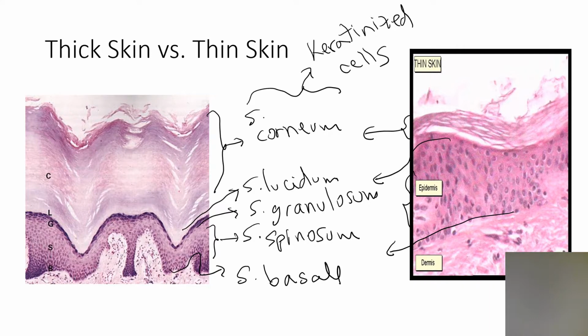The most superficial layer in all types of skin is the stratum corneum. This is a layer of dead keratinized cells. Thick skin will have a very thick stratum corneum, while thin skin has a thinner layer of stratum corneum.